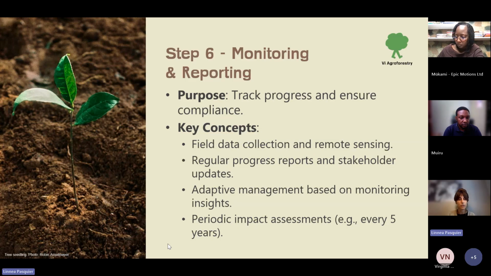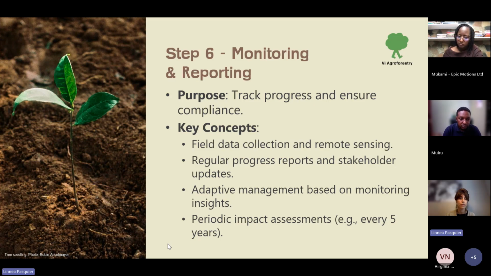And what you need to do is field data collection that you do quite regularly. You also often have remote sensing, which is when you use, for instance, satellite imagery to measure carbon stock.